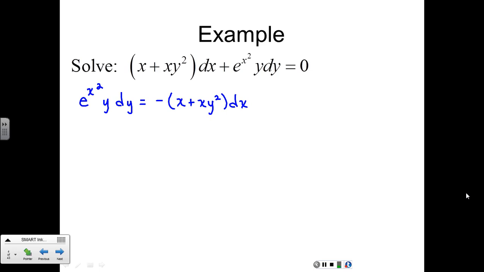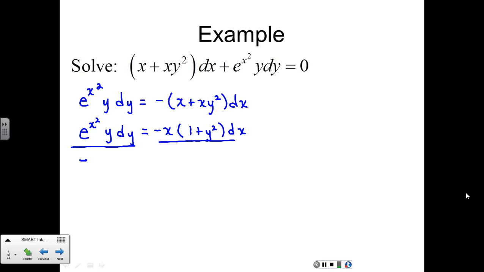Now to separate stuff, obviously I'm going to have to divide by the e to the x squared on both sides, but also you need to get this right side in a little bit better form. What can we do over there? Take an x out, factor out an x. So factor out an x, that's going to leave me 1 plus y squared dx. Okay, then you can separate your stuff out better also.